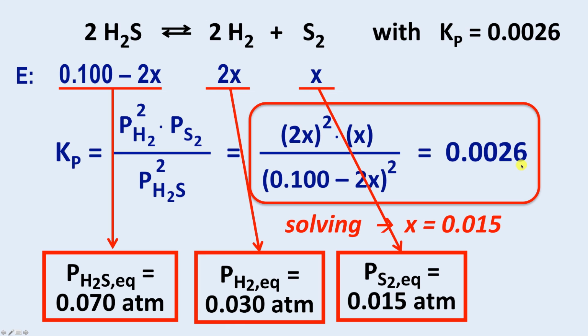Might vary just a little bit because of some round-off uncertainty, but we should get about that value. And if we do that calculation, we check and we do in fact get the K sub P, and we know we did the math right and solved the problem correctly.